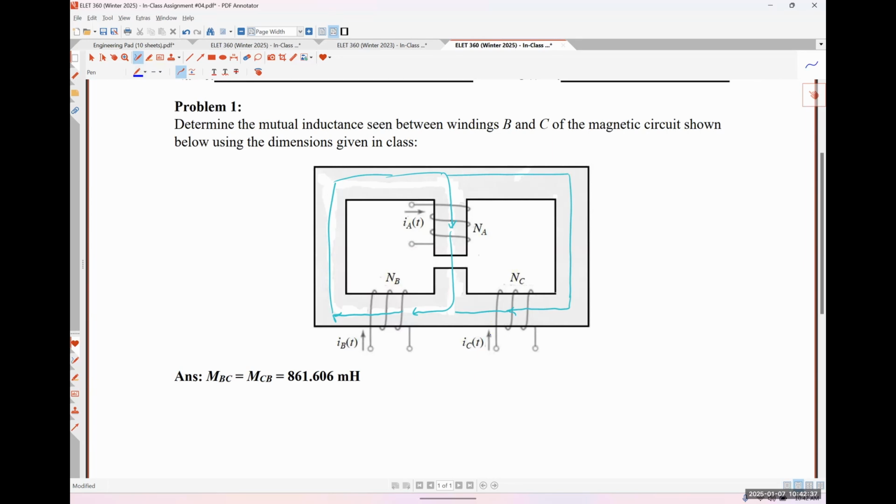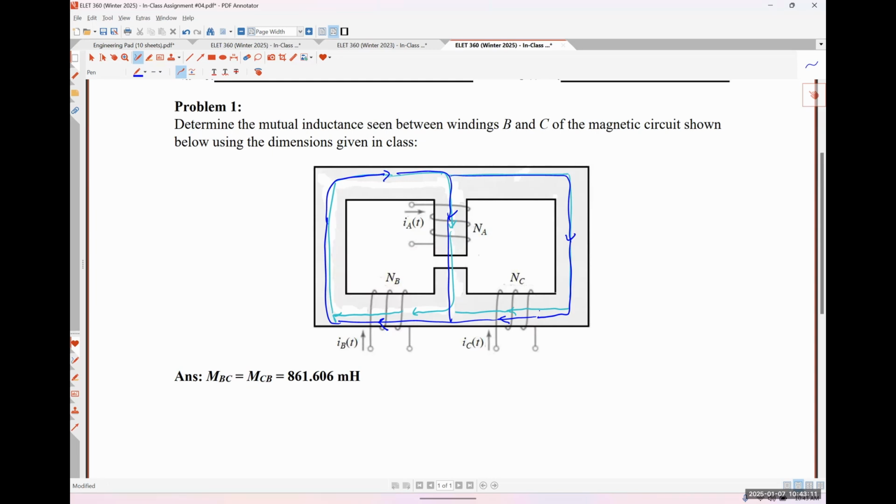If I were to map out the direction of flux for coil C, based on the direction the current is flowing and the way that the coil is wound, I'm going to do this one in dark blue. It should flow in the same direction as our flux from coil B. The reason I'm making note of these directions is because that's going to tell me what the sign of my mutual inductance is going to be.